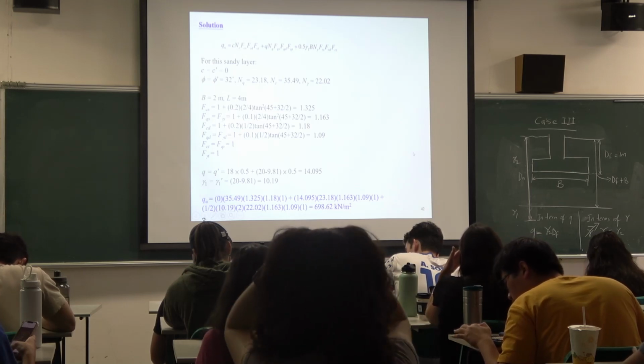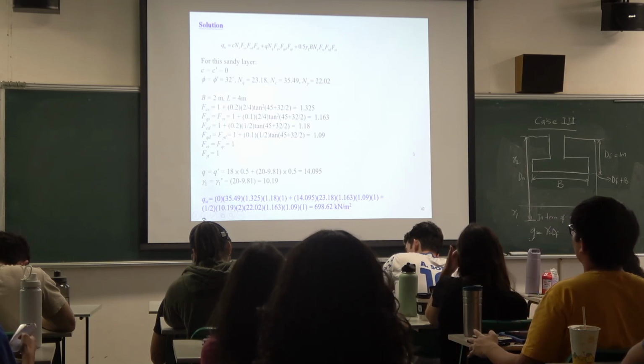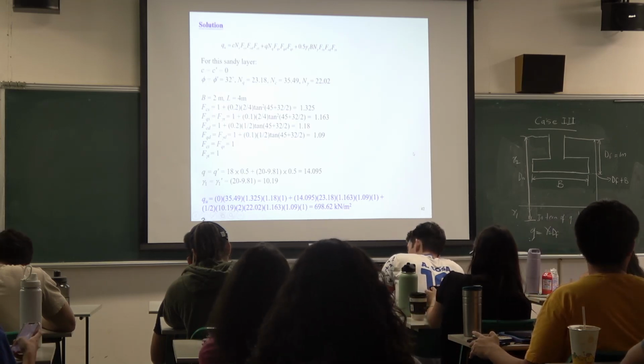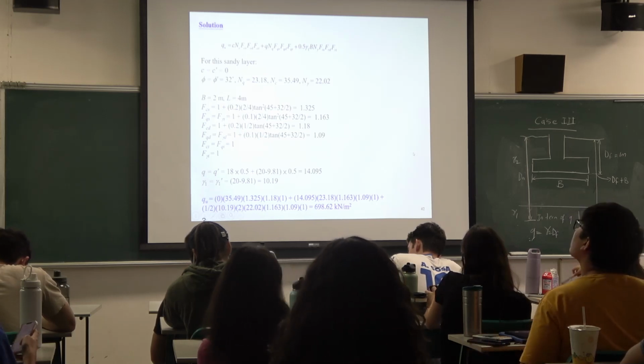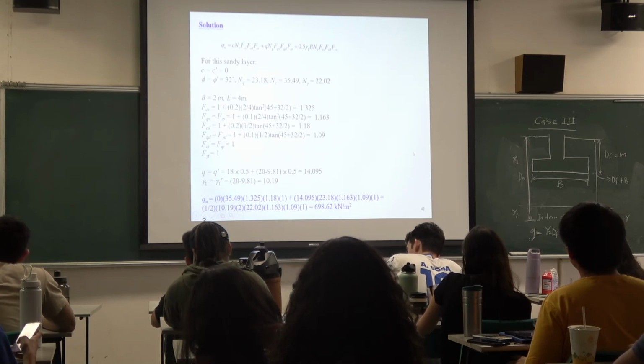And then how do you find q? It's the same thing, right? 18 multiplied by 0.5, that's the depth, and then 20, that's the gamma prime beneath. And then you also have the gamma, which is gamma 1 prime, because the footing is like this.